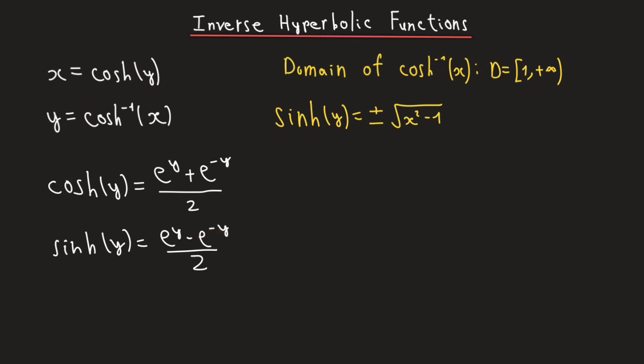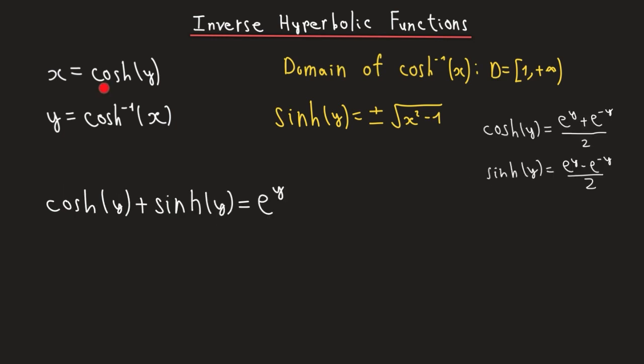Therefore, cosh of y plus sinh of y is equal to e to the y. Since we know that cosh of y is x, and sinh of y is plus or minus the square root of x squared minus 1, we can rewrite the expression as x plus or minus the square root of x squared minus 1 is equal to e to the y.